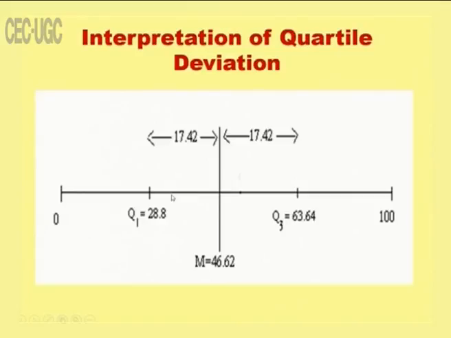That is depicted here. It is the median, the third quartile, the first quartile, and the difference from this point to this point is called the interquartile range. If you divide it by 2, that is called the quartile deviation.